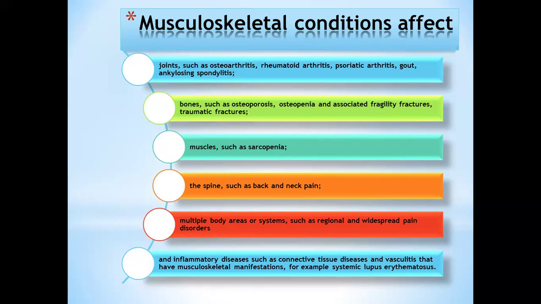Affection of the spine, such as back and neck pain. Affection of multiple body areas or systems, such as regional and widespread pain disorders, and inflammatory diseases such as connective tissue diseases and vasculitis that have musculoskeletal manifestation, for example, systemic lupus erythematosus.